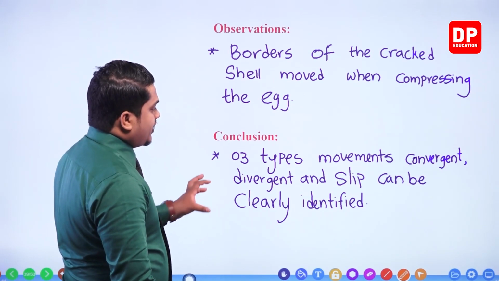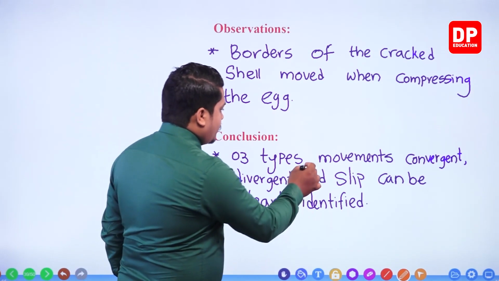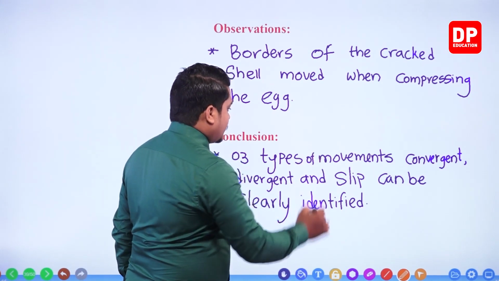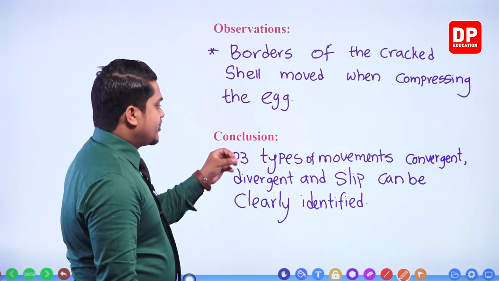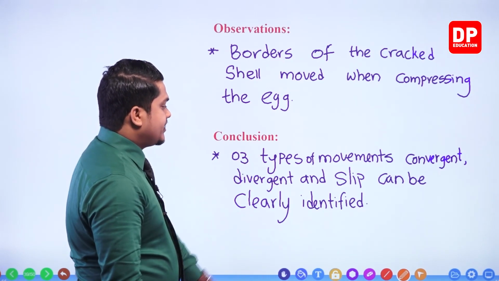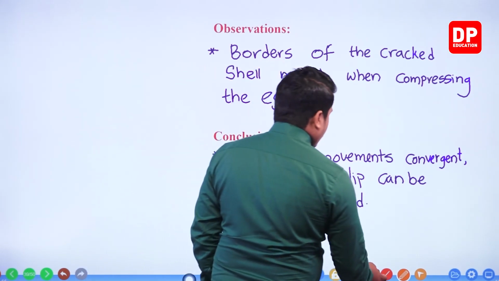Right, so the three types of movements, the convergent, divergent, and slip, can be clearly identified by the experiment.